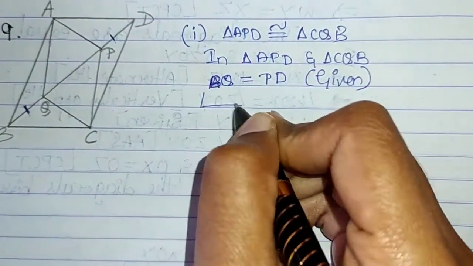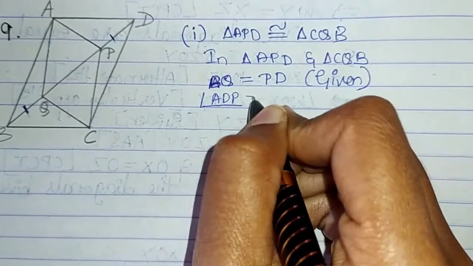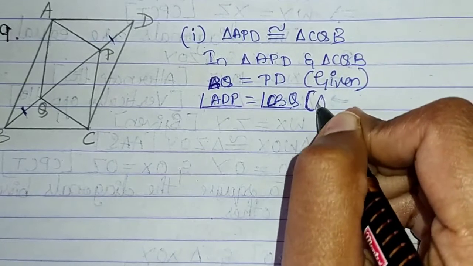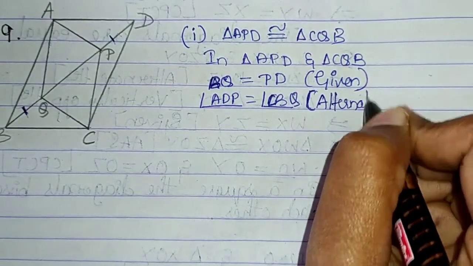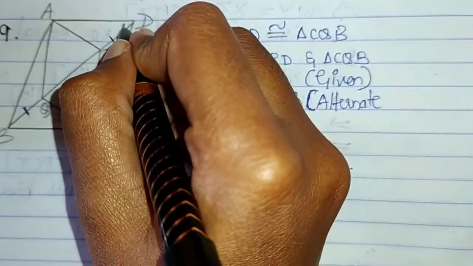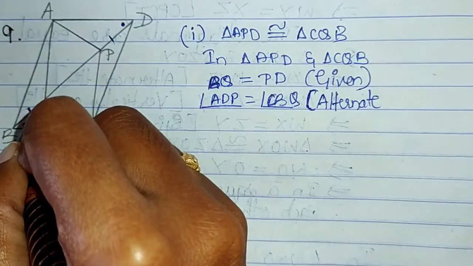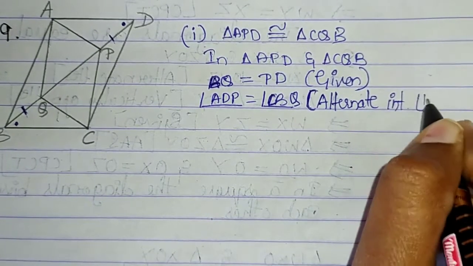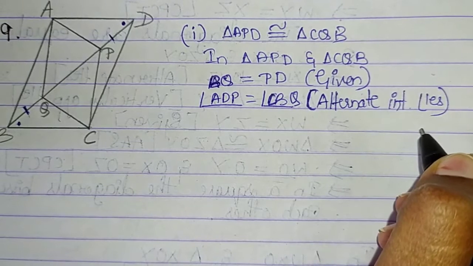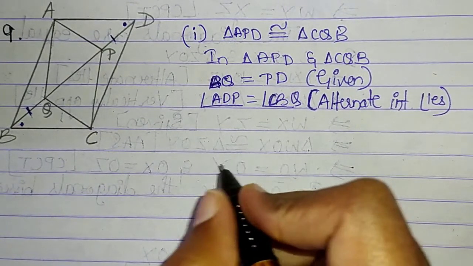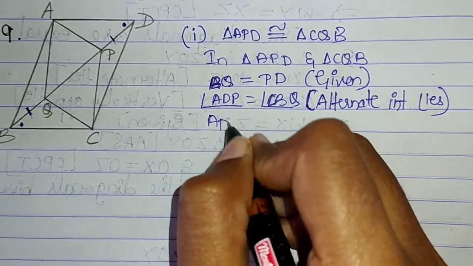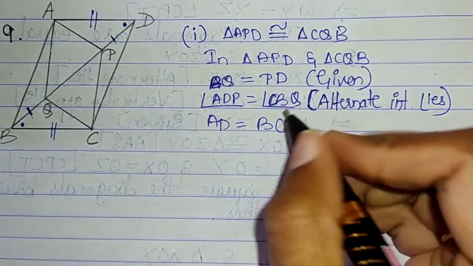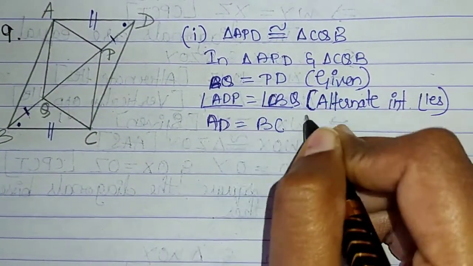Similarly, angle ADP is equal to angle CBQ because they are alternate interior angles. And also we have AD is equal to BC because they are the opposite sides of the parallelogram ABCD.